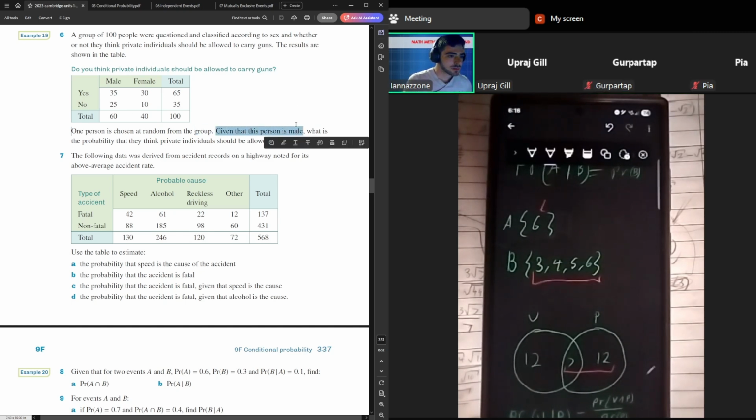Pretty much every single time I've seen it, the thing after the word given is your restriction. So given male means you only care about that column of male. Everything else you just block out. Ignore the female column, ignore the total column. Your new total is 60, yes is 35, no is 25.